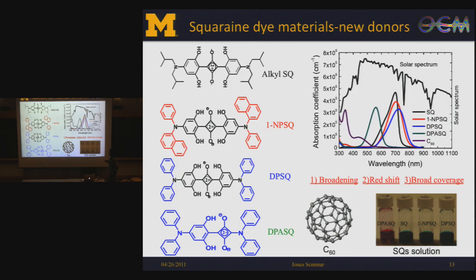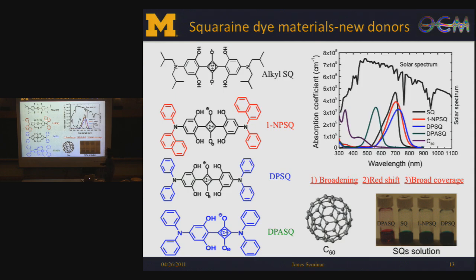How do we do this? We substitute these alkyl functional groups with phenyl and naphthalene functional groups. We choose these functional groups because they have strong electron withdrawing function that will tune the absorption spectrum of the parent squaraine. These are the four new materials we are working on now.